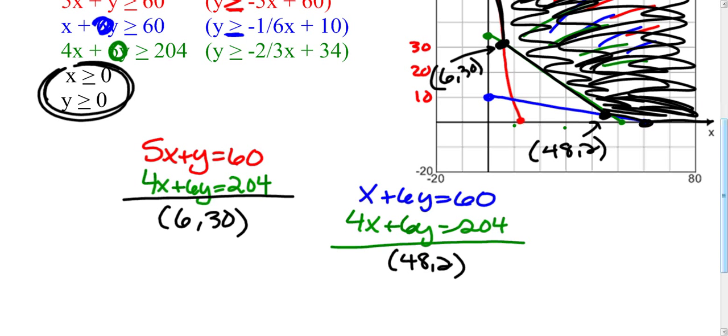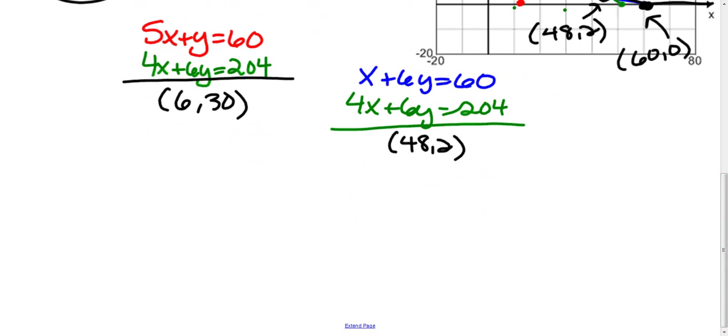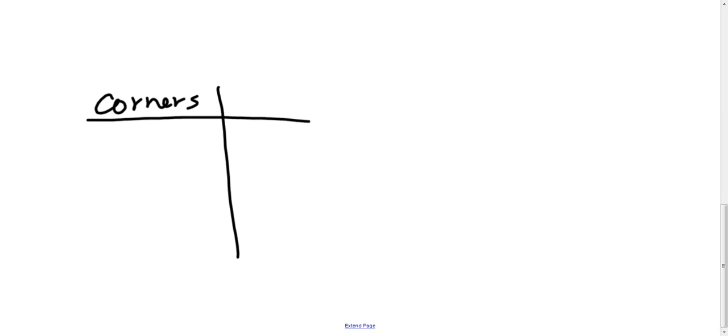And then here's your last corner right here, and that is the x-intercept of the blue line, and the x-intercept of the blue line is at 60, 0. Okay, then I'm just going to list these coordinates right here. I'm going to say what my corners are. Okay.